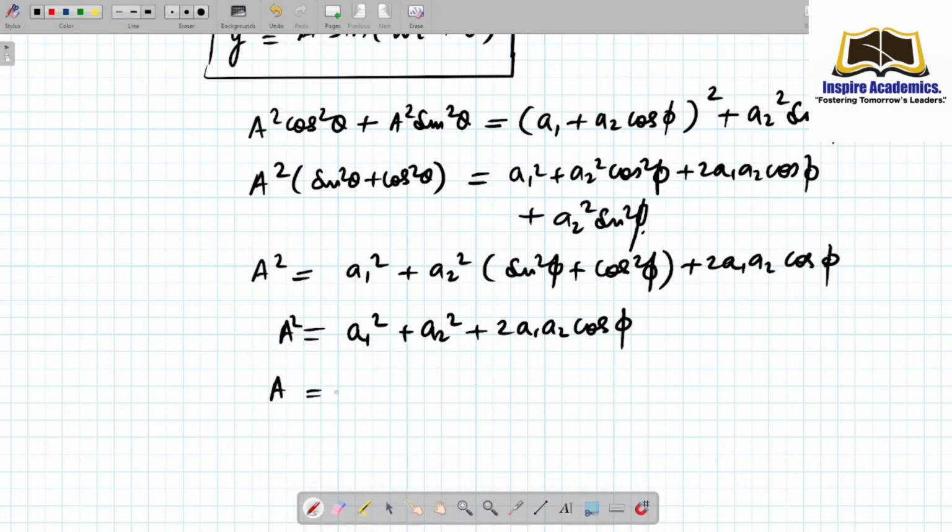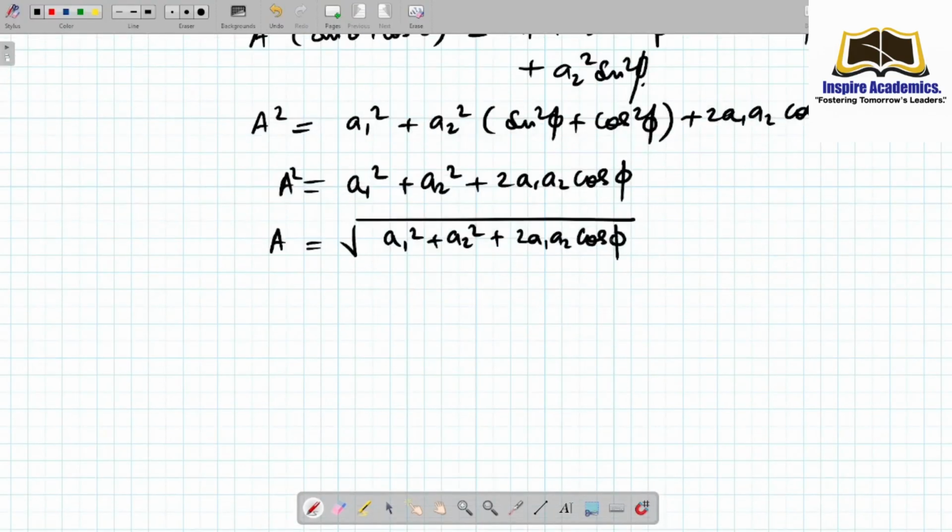So A will be under root a1 square plus a2 square plus 2a1 a2 cos phi.